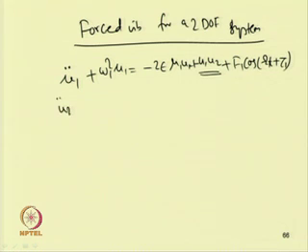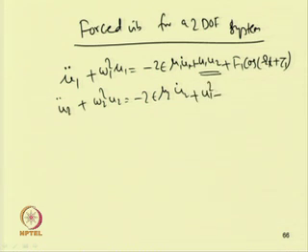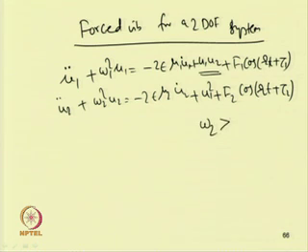Similarly, U 2 double dot plus omega 2 square U 2 equal to minus 2 epsilon mu 2 U 2 dot, and this is U 2 dot plus U 1 square plus F 2 cos omega t plus tau 2. Here tau 1 and tau 2 are the phase differences. One can consider omega 2 greater than omega 1 and study the response of the system.